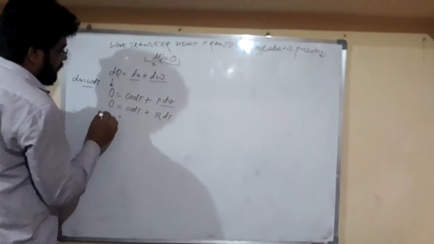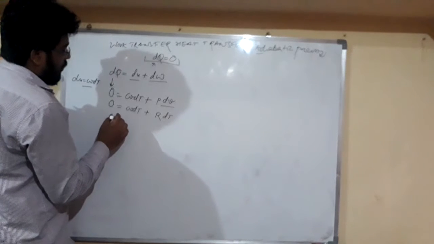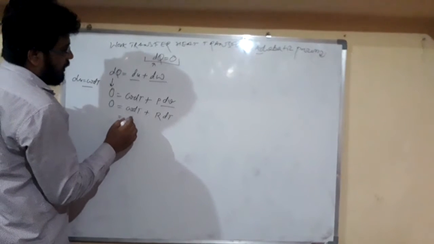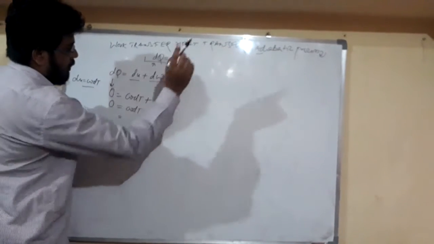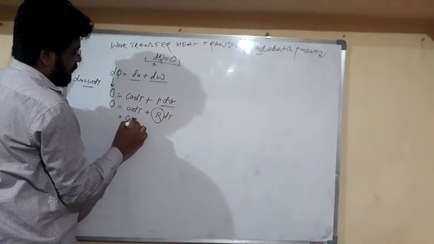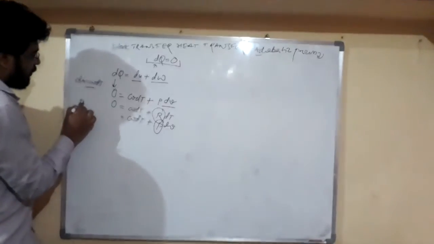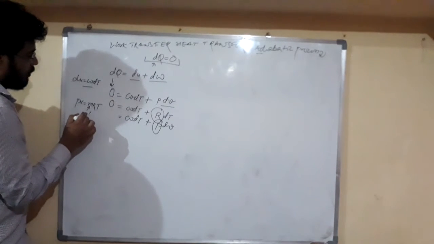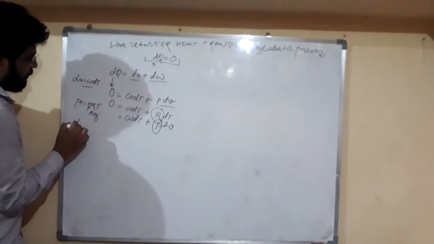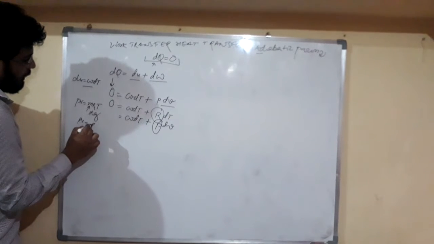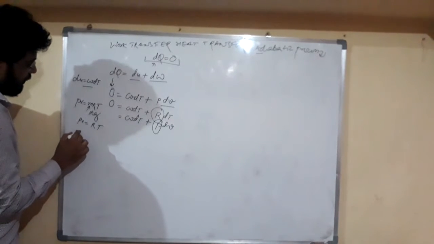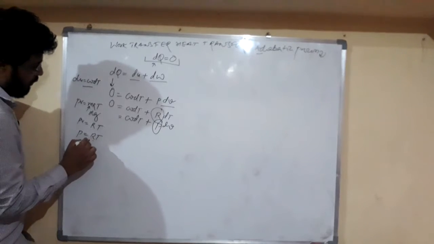Dear friends, now we will derive this. Our pdv is equal to minus cv dt. Friends, we know that pv is equal to mrt, or friends, if you take mass equal to 1 kg, then pv is equal to rt. From this friends, p is equal to rt upon v.